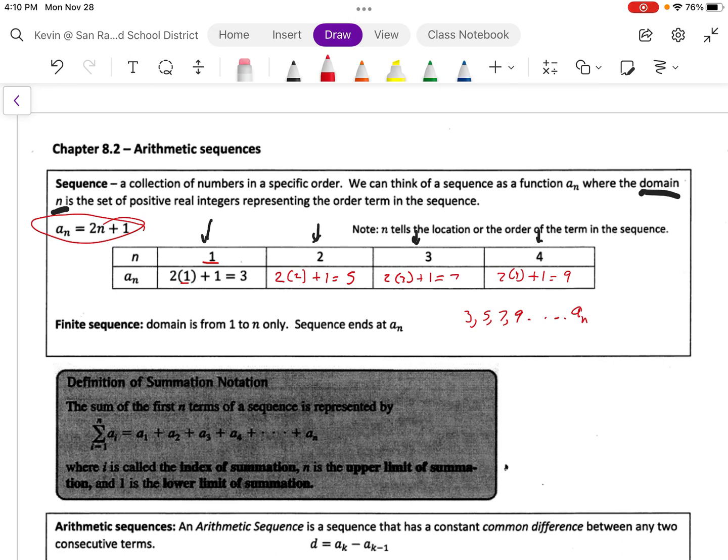You'll notice, and we'll talk more about this in a minute, that the difference between two consecutive terms is 2. So 7 minus 5 is 2, 9 minus 7 is 2. This 2 represents our common difference.